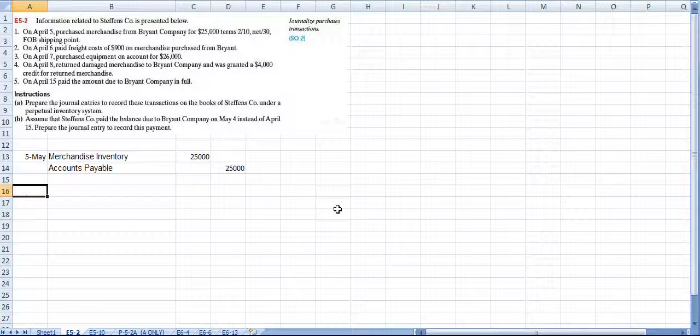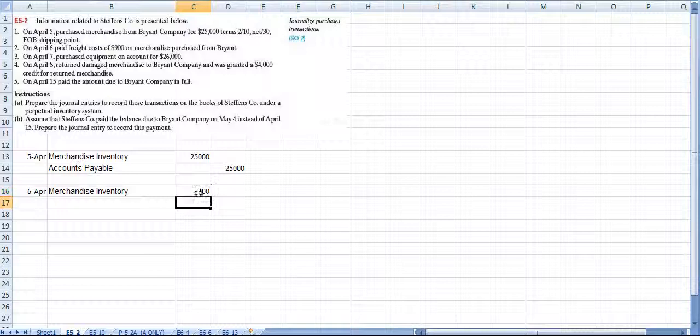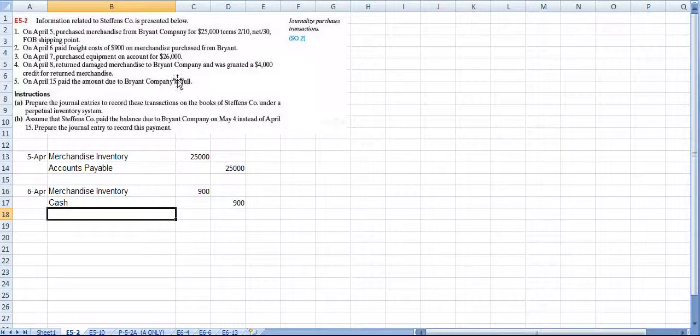So we're going to have April 6th right here. We're going to debit that to merchandise inventory for $900, and our corresponding credit is going to be cash. Freight costs are never going to be on account; you're basically going to pay those in cash.